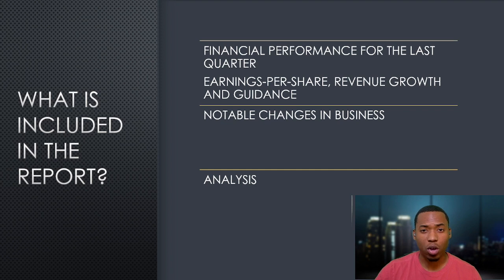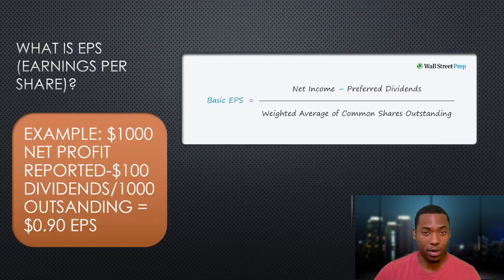Sometimes businesses will talk about their competition, or they'll talk about how the market has changed for their particular industry, or they'll even talk about some of the new ideas that they're pushing forward through their research and development. And in addition to that, we even see some analysis from the company as to where they can go from here.